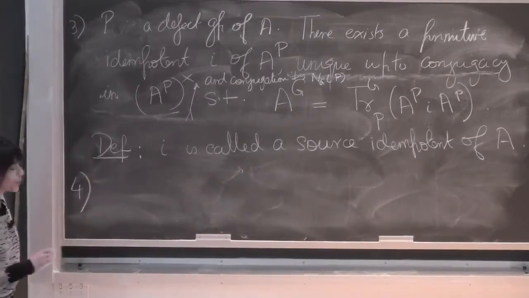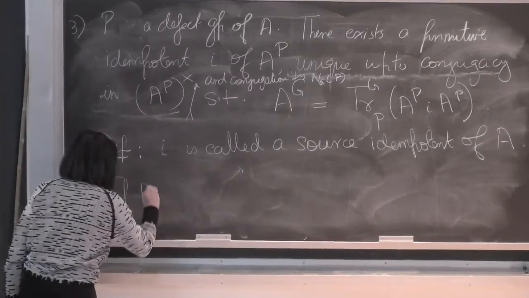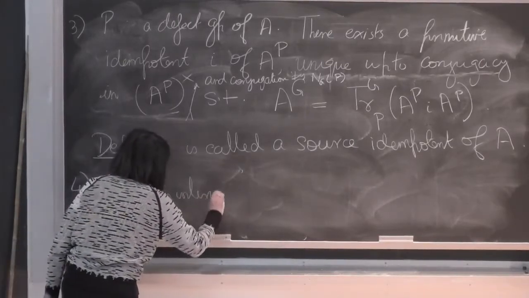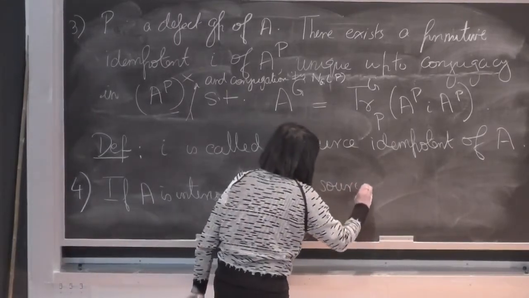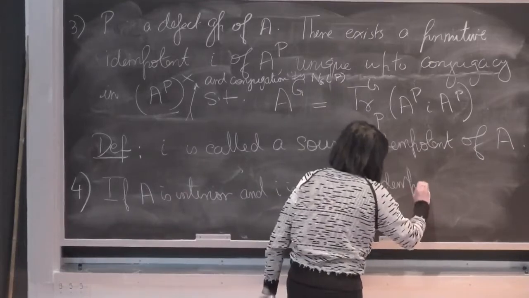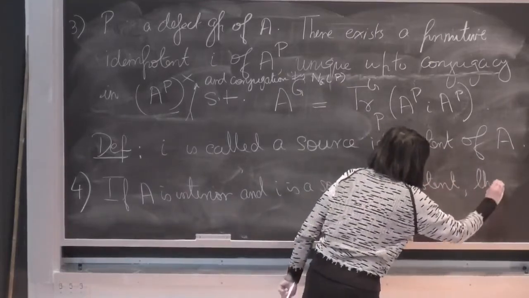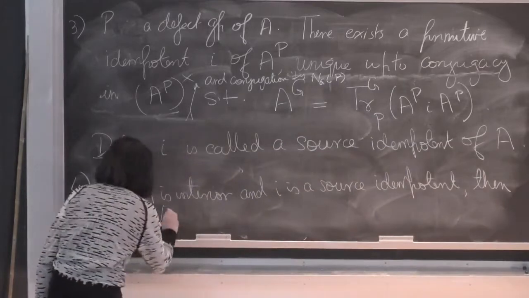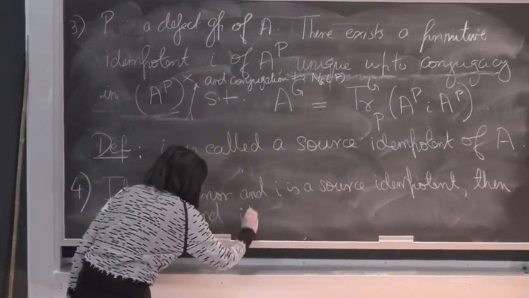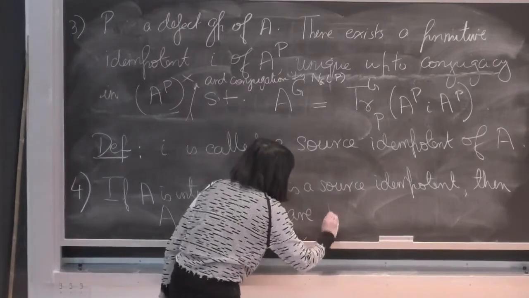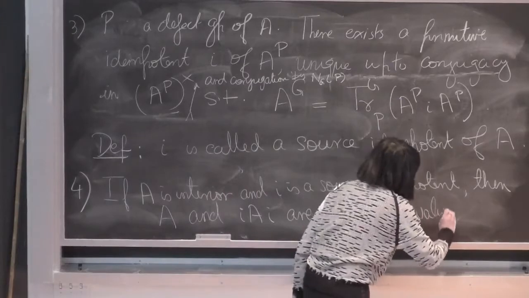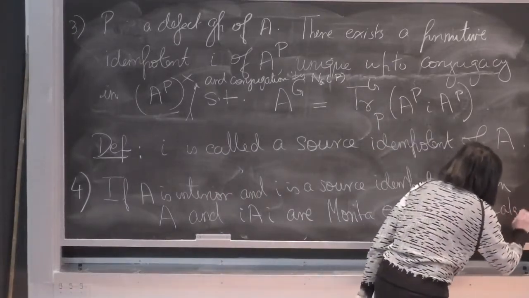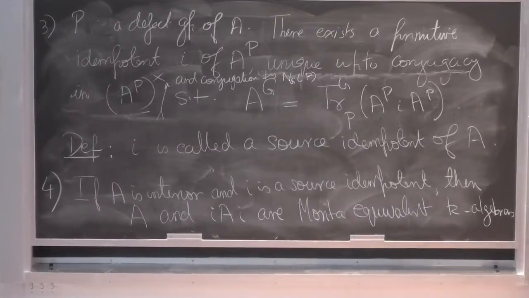One of the reasons was that if A is interior, and I is a source idempotent, then A and IAI are Morita equivalent K-algebras.